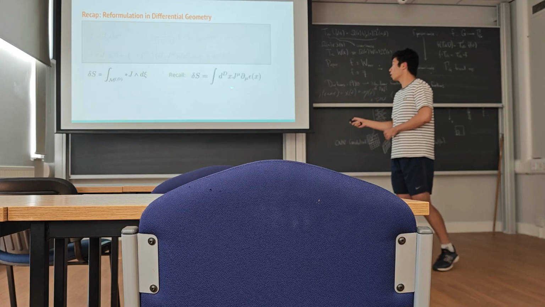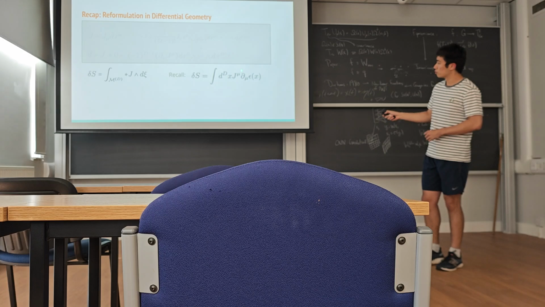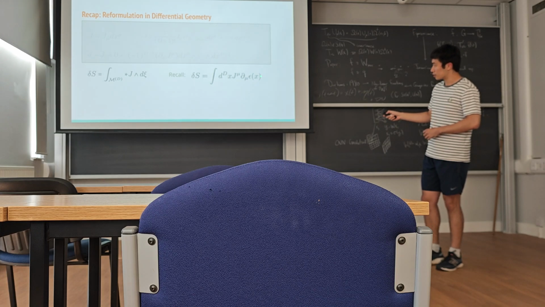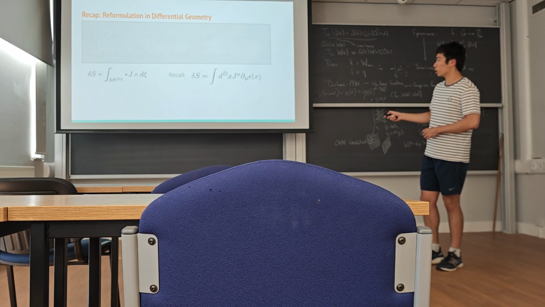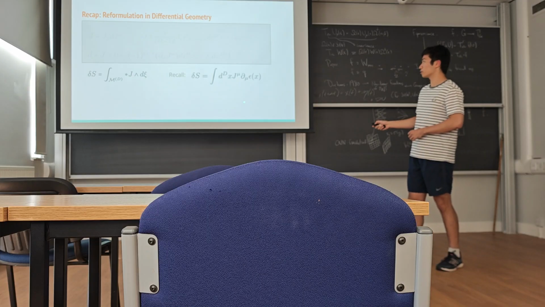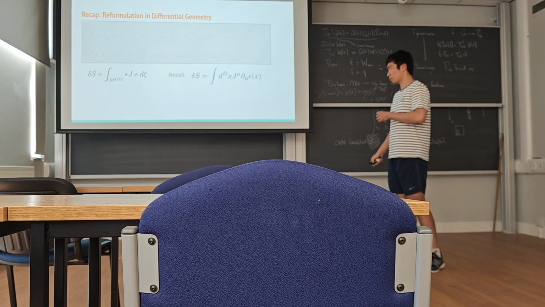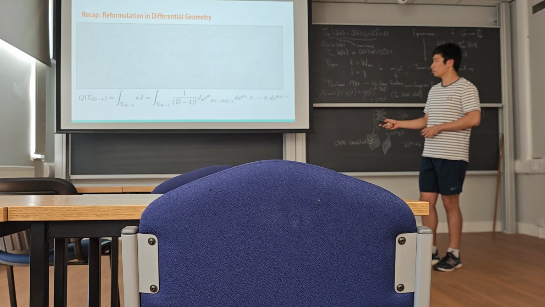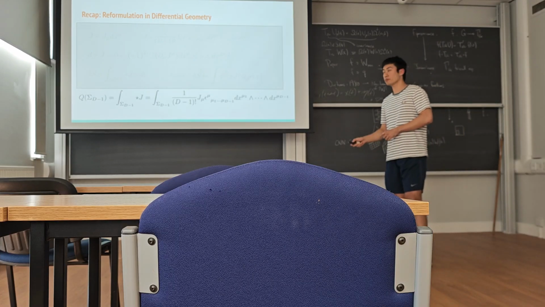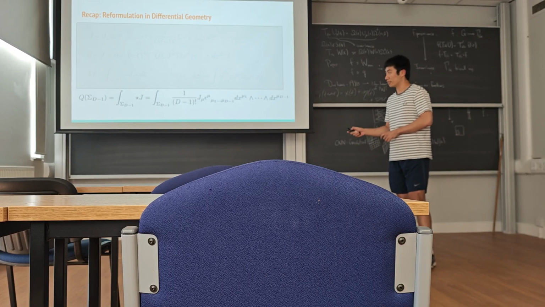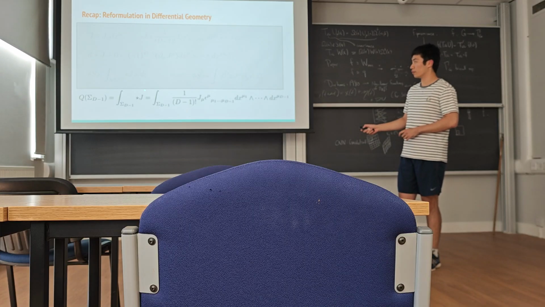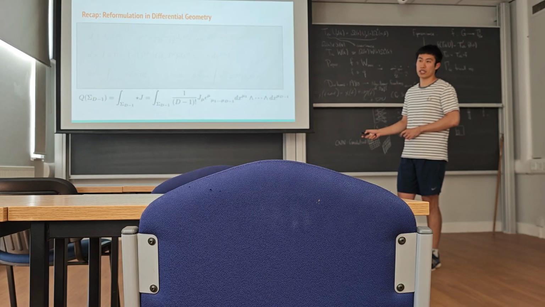And now we can see we require this local nature of the parameter. Otherwise, this will just be 0, and so then it's pointless. Furthermore, again, our charge is the integral of the Hodge dual of the current over a (d minus 1)-dimensional manifold as we had before.